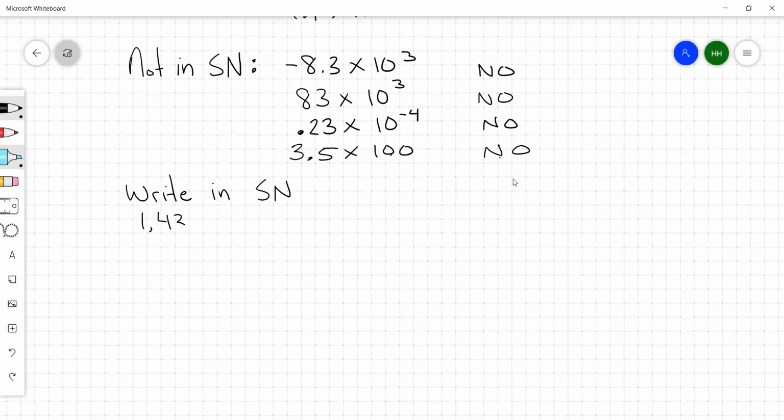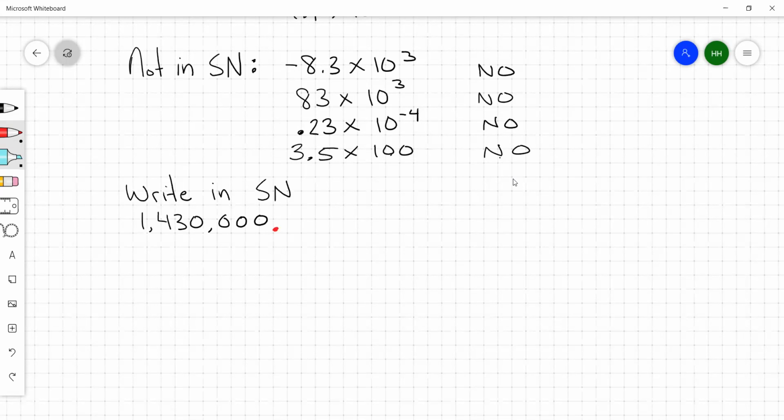1,430,000. This number right here, the decimal point is not written in this case. So it's implied that it is at the far right. Now, to write this number in scientific notation, you got to move that decimal point to the left so that the first number is between 1 and 10.